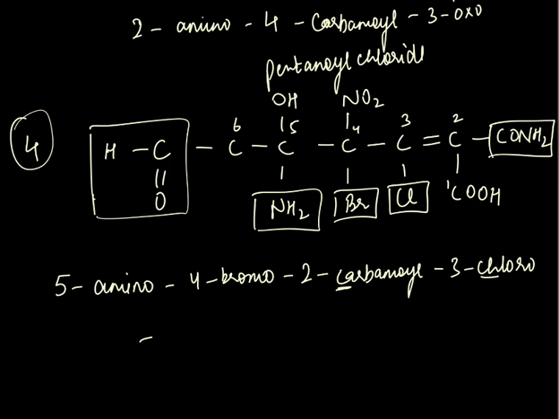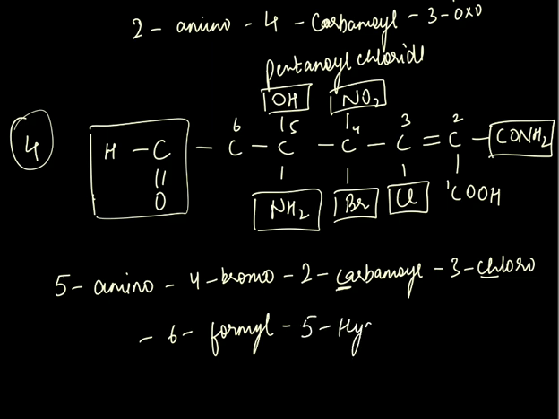Okay, nitro will come later, because we still have to write hydroxy, right? But aldehyde is there. So for aldehydes, we can use formyl. This is going to be at 6, formyl. Then after that we go to hydroxy, 5 hydroxy.